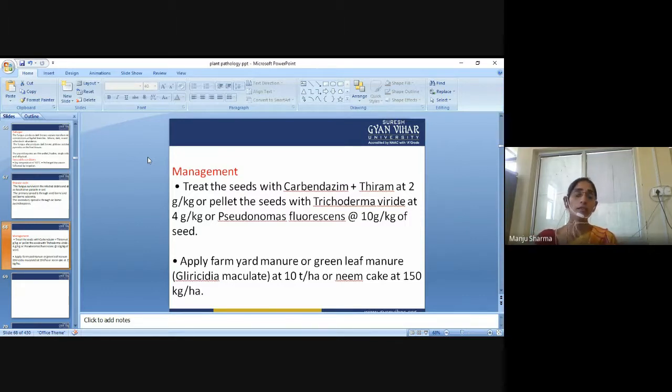Apply farmyard manure or green leaf manure, that is Gliricidia maculata, at 10 ton per hectare, or neem cake at 150 kg per hectare. So this is all about the diseases of green gram.